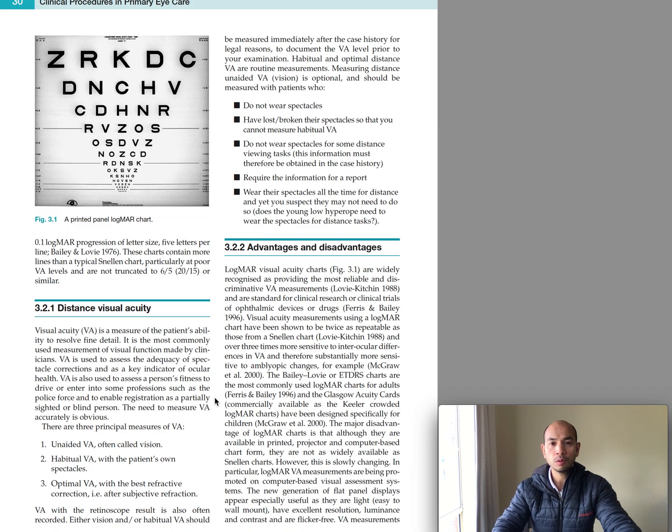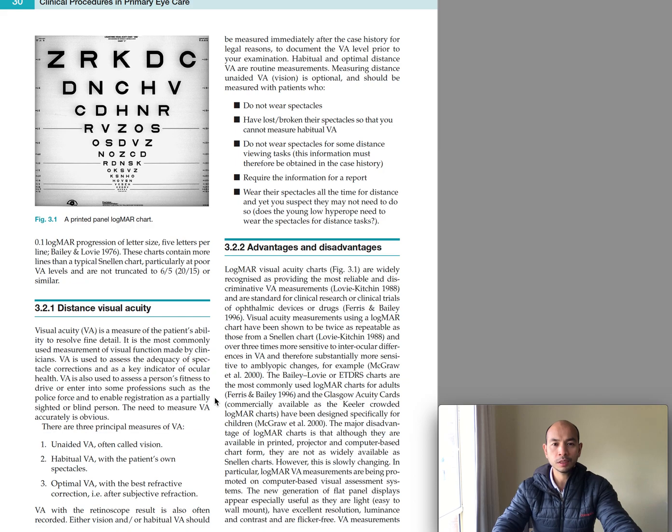Habitual and optimal distance VA are routine measurements. Measuring distance unaided VA, vision, is optional and should be measured with patients who do not wear spectacles, have lost or broken their spectacles so that you cannot measure habitual VA, or do not wear spectacles for some distance viewing tasks.